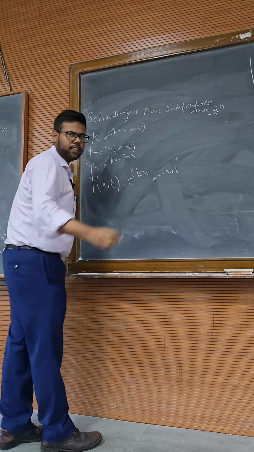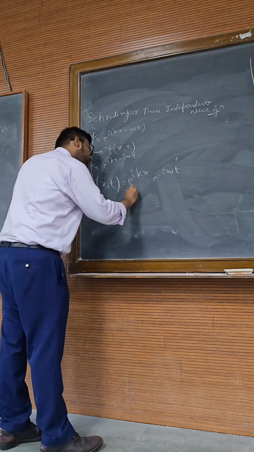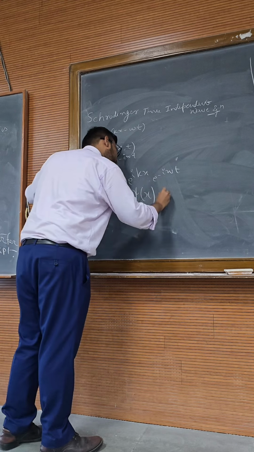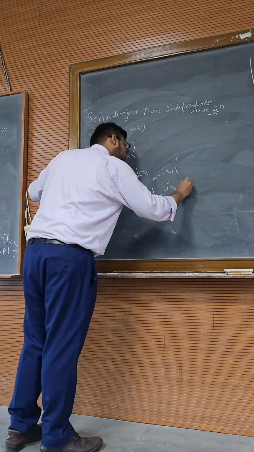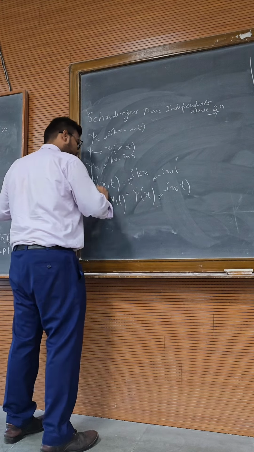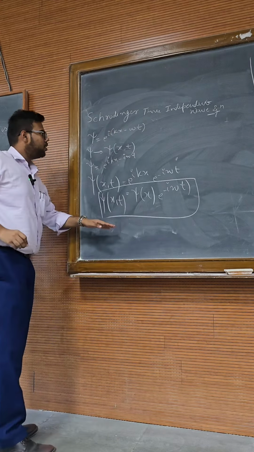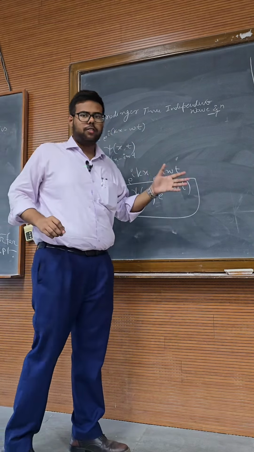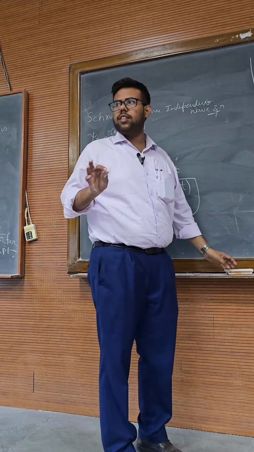So you get psi of x into e raised to the power negative i omega t. So this is also a way to represent the psi function or the wave function, but we won't discuss much upon it.